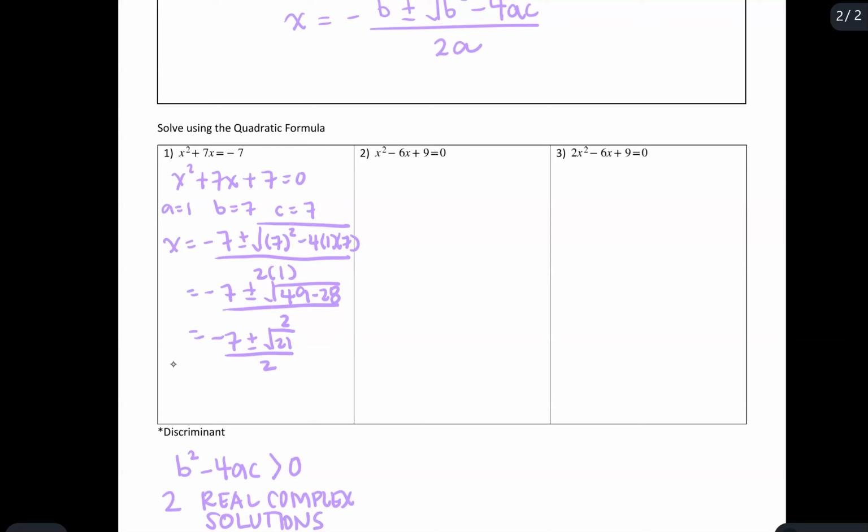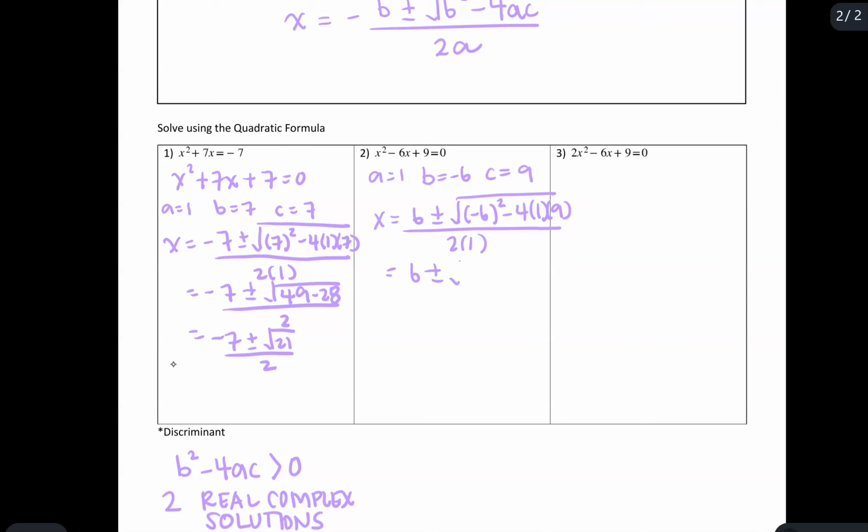Okay, so it's something I can graph. What about here? My a is 1, my b is negative 6, and my c is 9. So I'll have a negative times a negative, so it turns into a positive. Negative 6 squared minus 4 times a times c, all over 2 times 1.